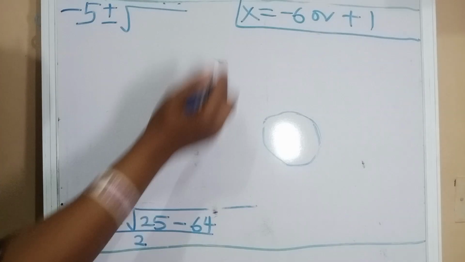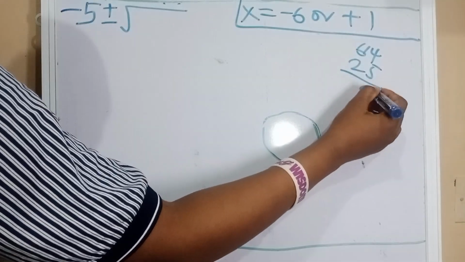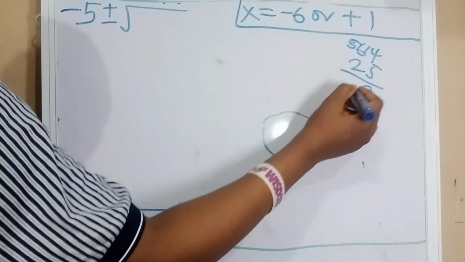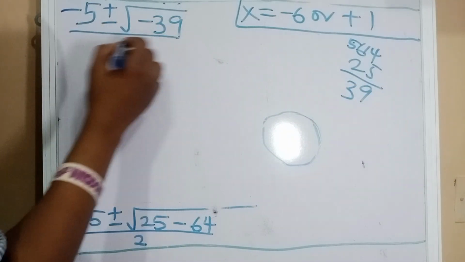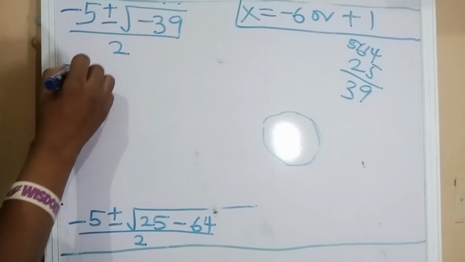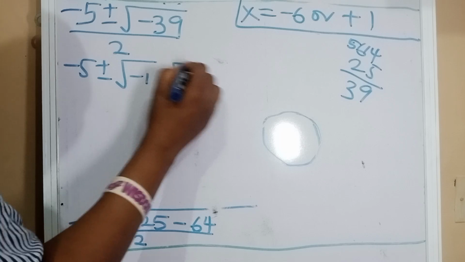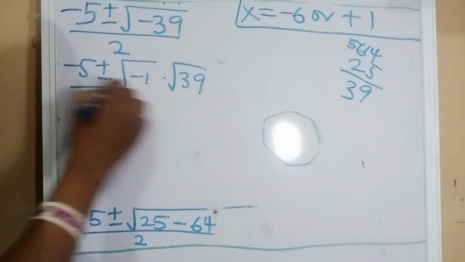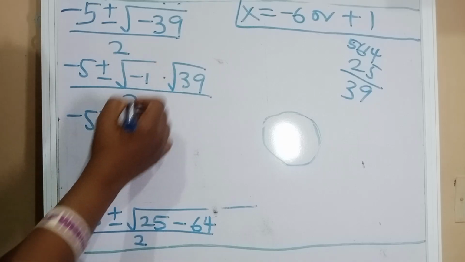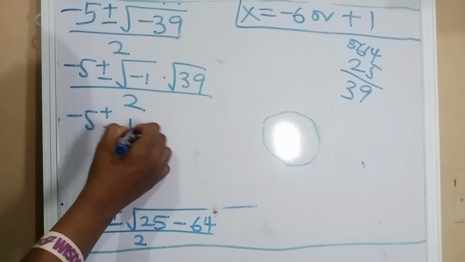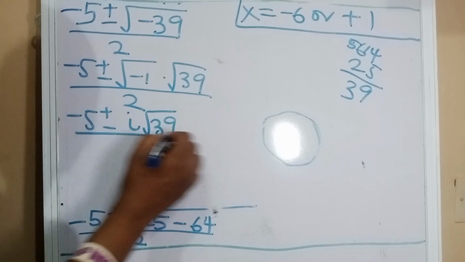This will give us 25 minus 64, which is minus 39. That's minus 5 plus or minus square root of minus 1 times square root of 39, all over 2. Minus 5 plus or minus, this we'll represent with an imaginary number i. So we have square root of 39 i all over 2.